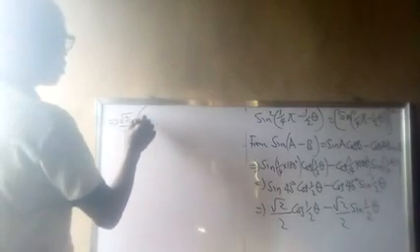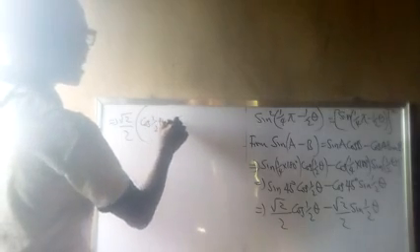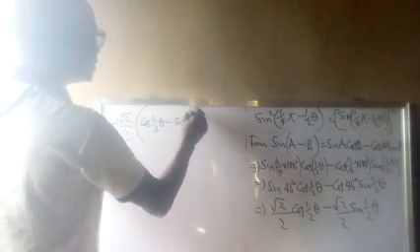Now, we square both sides. In other words, we can expand from what we have obtained there. Let us expand. So this will give us root 2 over 2 into cos half theta minus sine half theta.